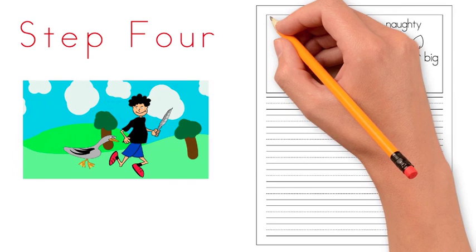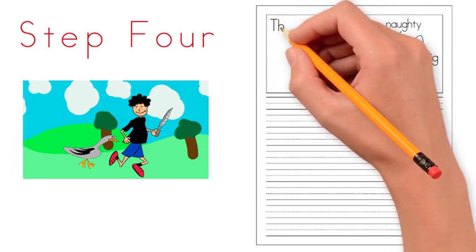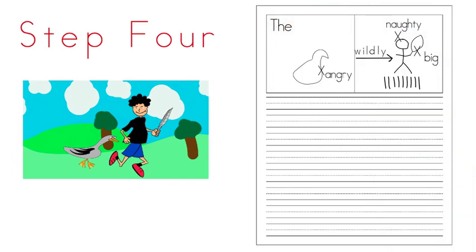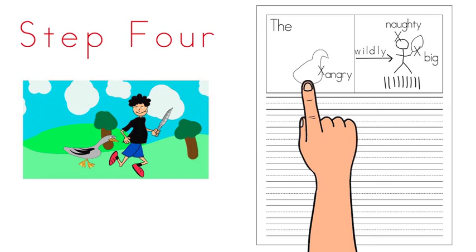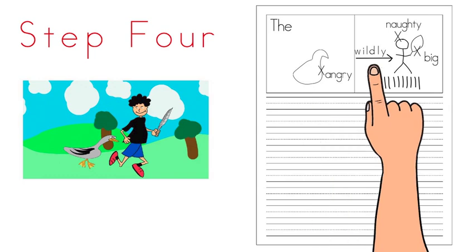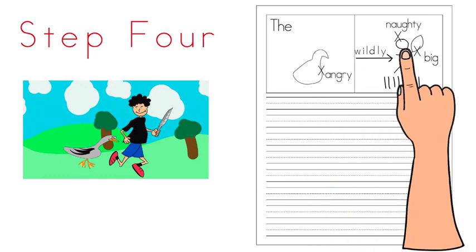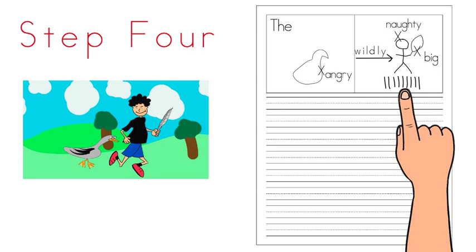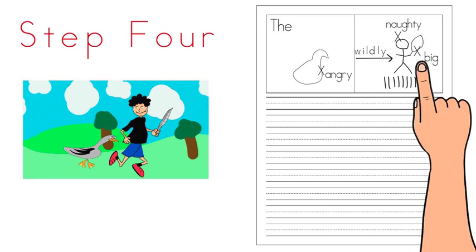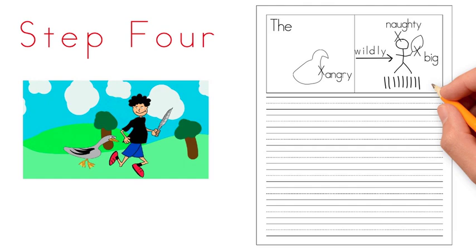The, capital T, H, E. The angry goose wildly chased after the naughty boy around the field because he plucked its feather. Period. That's where the sentence stops. It's editing time!